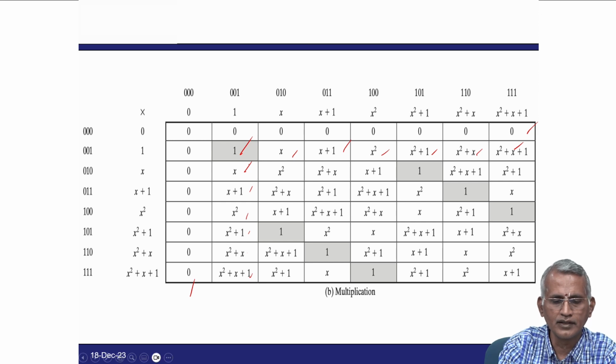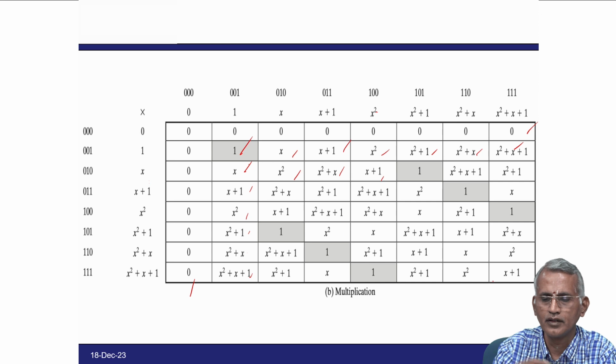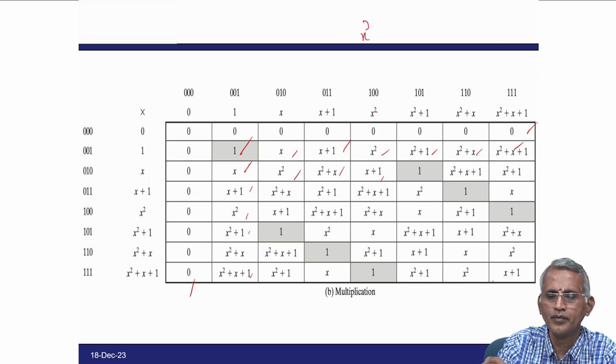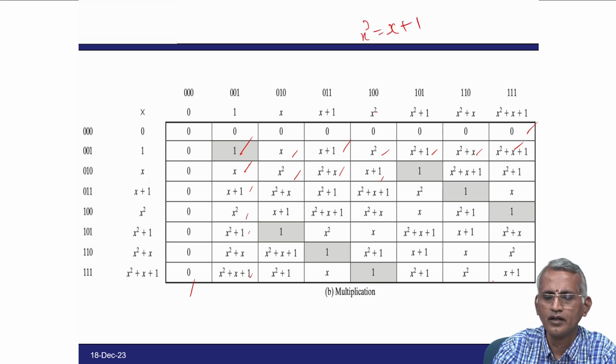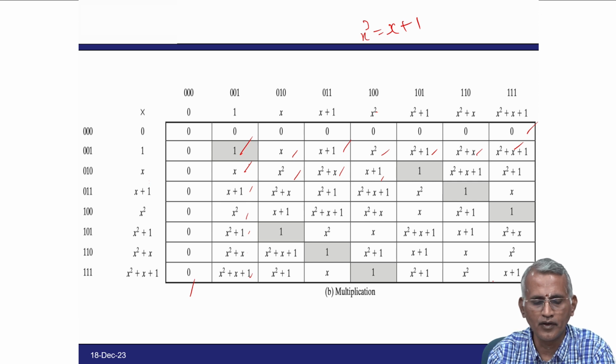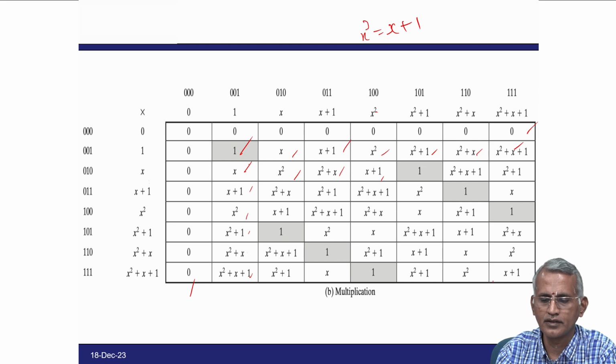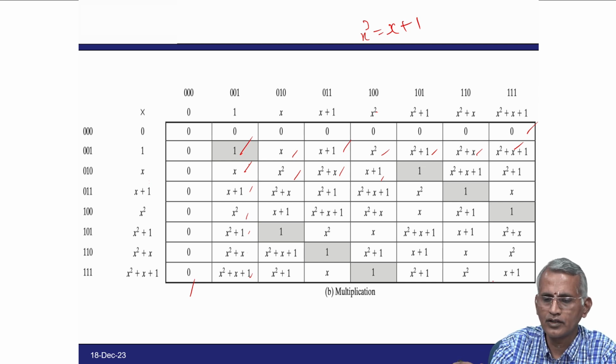Now, think about this, x into x square, here x into x plus 1 is x square plus x, and x into x square is what? x into x square is x cube, but x cube is equivalent to x plus 1. So, x cube is equivalent to x plus 1, because of the cube root of unity, and corresponding to that we have to reduce it under modulo 3, and x into x square plus 1.